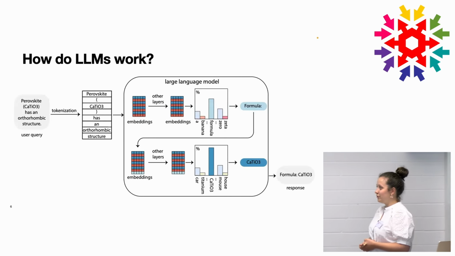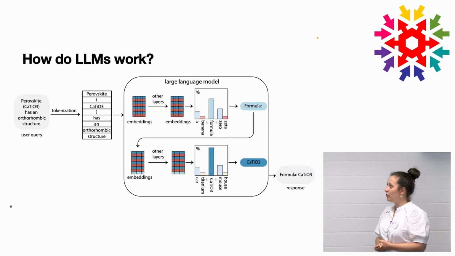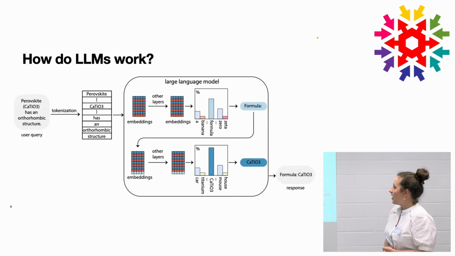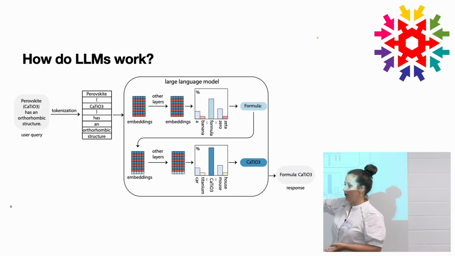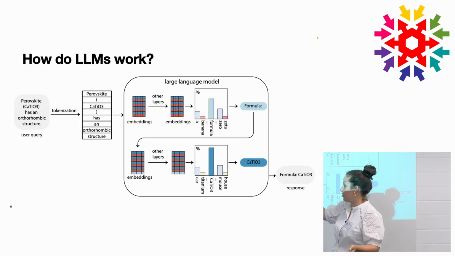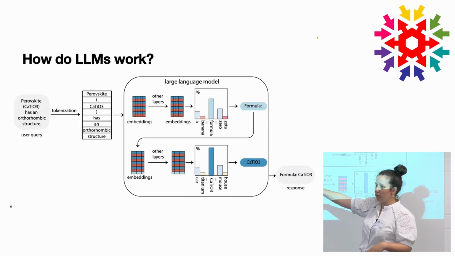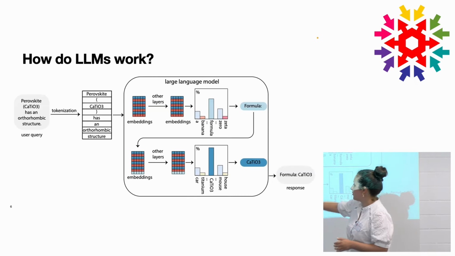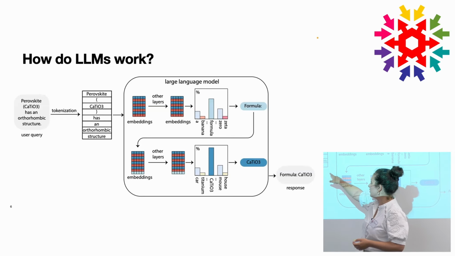I want to give you just a really short overview of how large language models work. Maybe some of you know, but what we have in the beginning is the user query. That could be a question or whatever you have. So that's what you prompt the model with in natural language. Then what happens first is that the language gets tokenized.